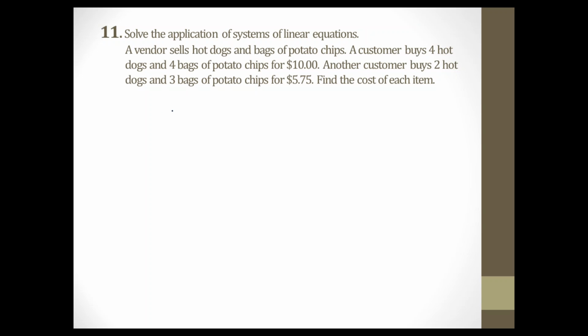So let me just organize the information that I have been given in my word problem. I have 4 bags of potato chips and 4 hot dogs. So I'm going to have my hot dogs over here, and then my potato chips.